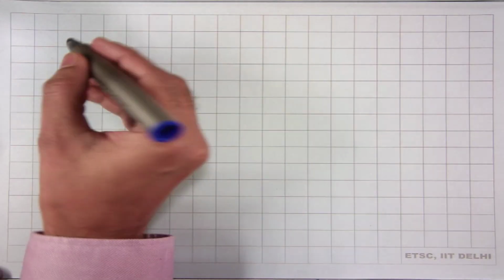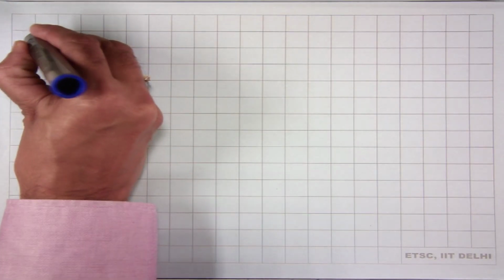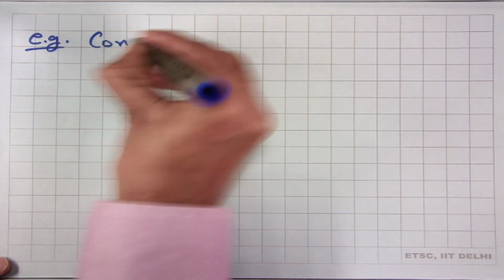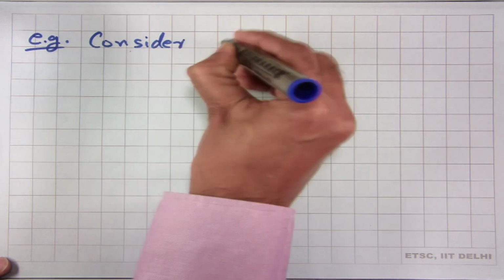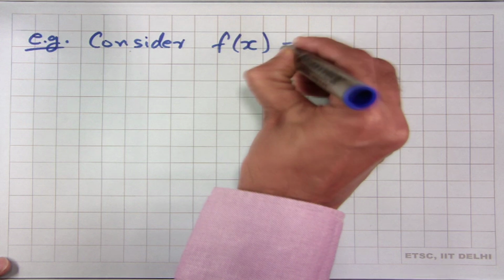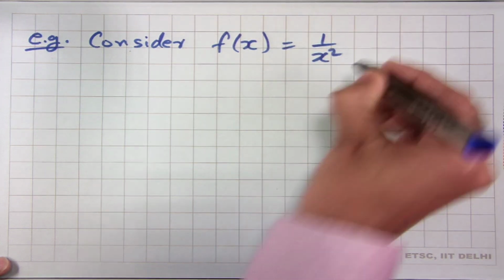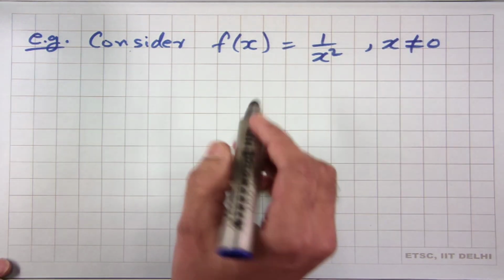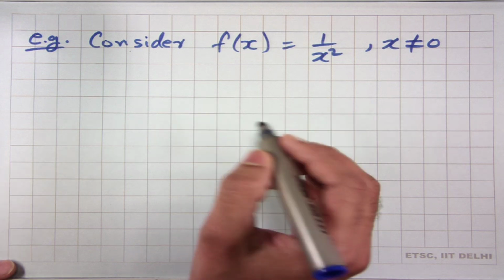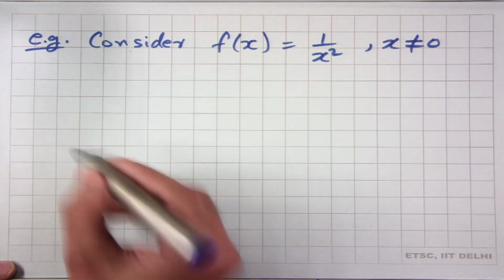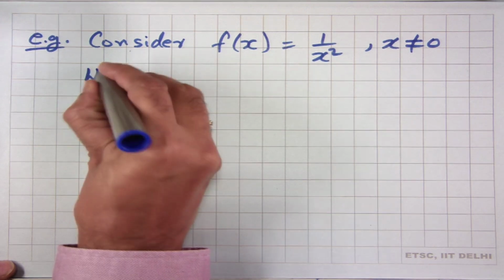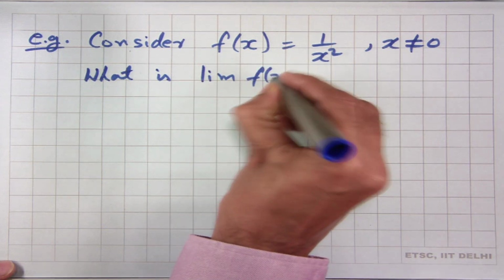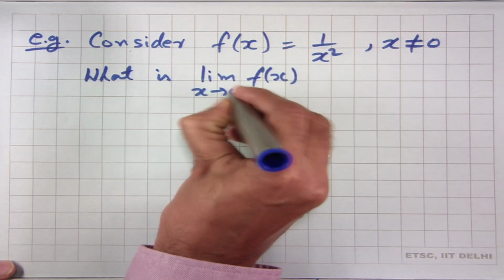So, for example, consider f of x is equal to 1 by x square, and this function is not defined at x equal to 0, but it is defined for all x non-zero. Now, let us ask what is the limit of f of x as x approaches 0.